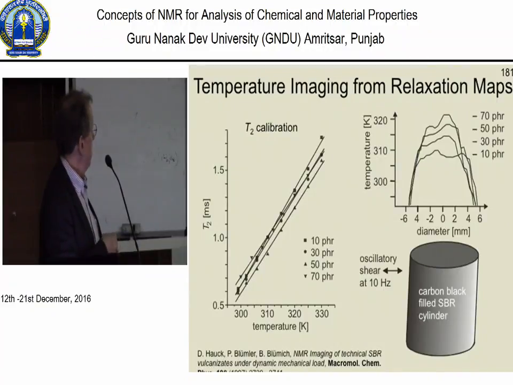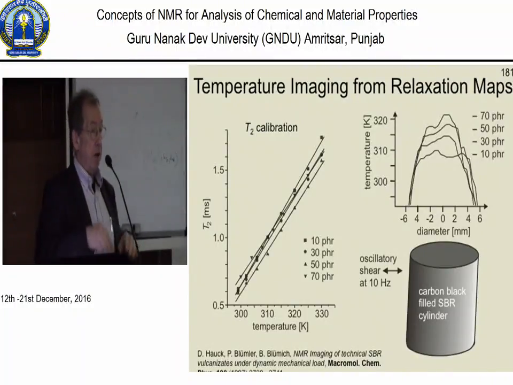We measured T2 for different temperatures, and we find it changes roughly linearly, and that is so even for different amounts of carbon black. And then we measured an NMR image and measured T2 across the diameter of this rubber cylinder. And with this curve we could calibrate T2 to temperature. This way we could measure temperature inside the rubber and outside the rubber cylinder.